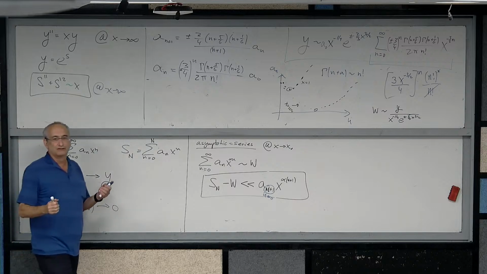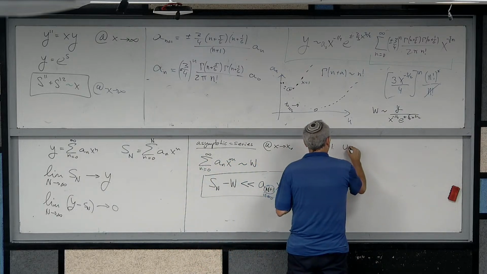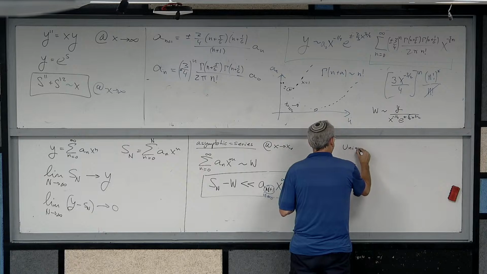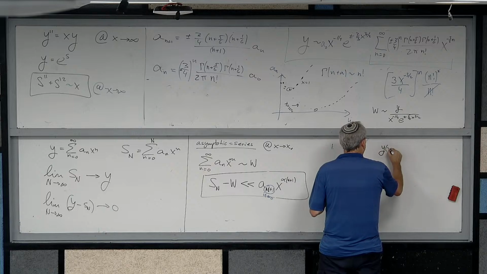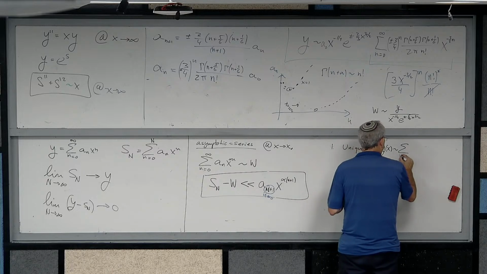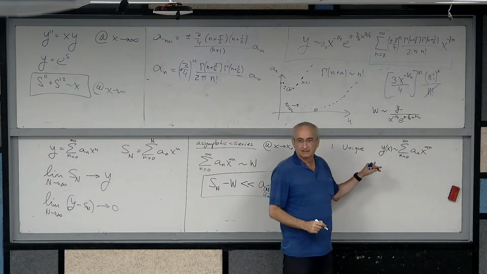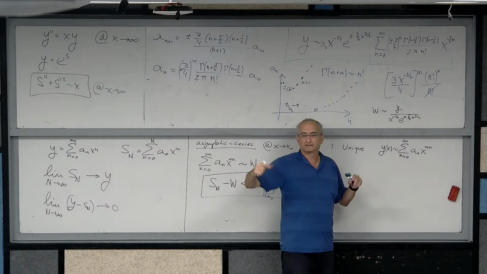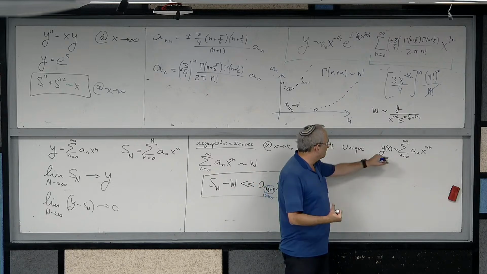First, asymptotic series are unique, in the sense that if I have y of x asymptotic to the sum, something like that, this is the asymptotic series of this function. There is no other asymptotic series that corresponds to the same function.